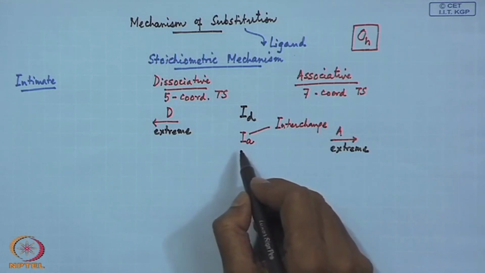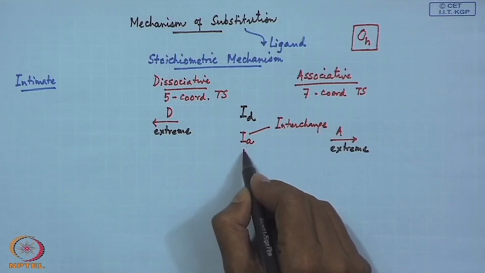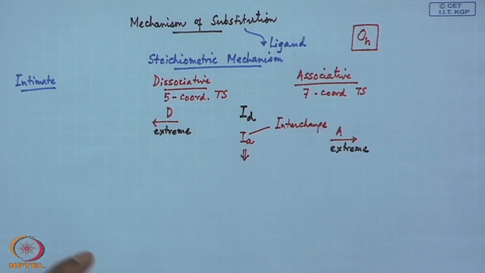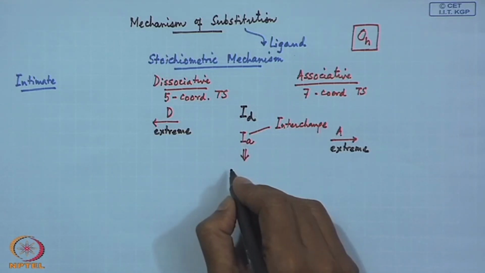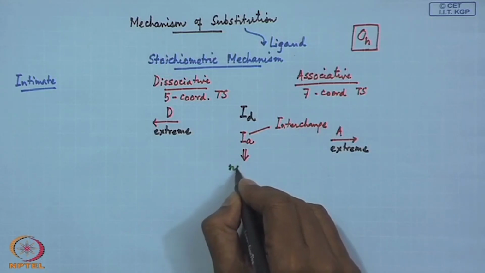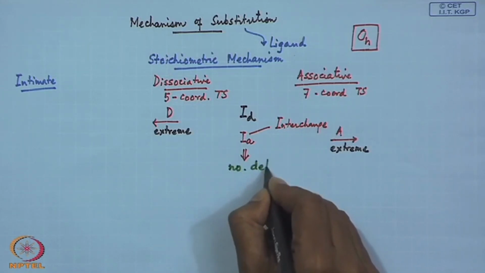In these 2 particular cases the incoming ligand is presumed to assist the reaction, but no detectable intermediates appear.